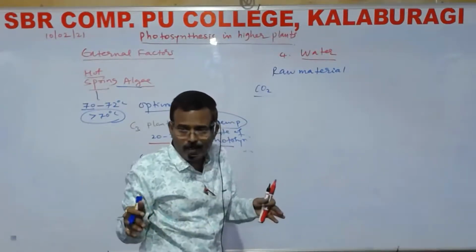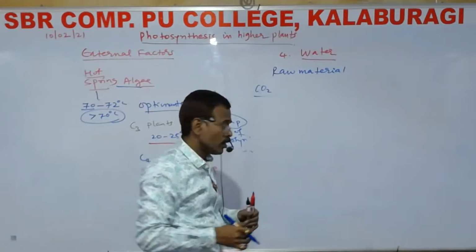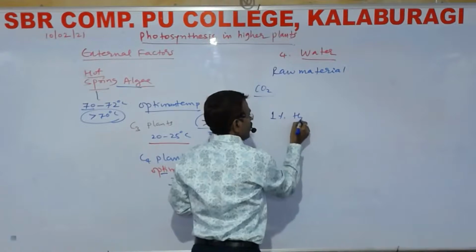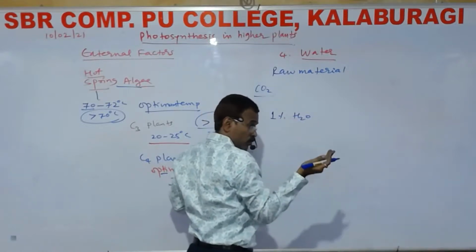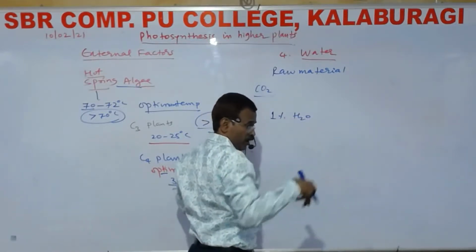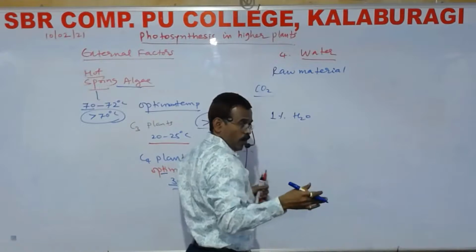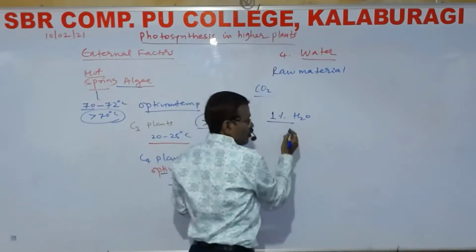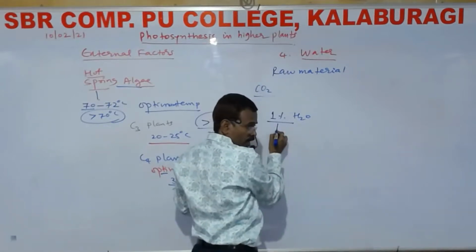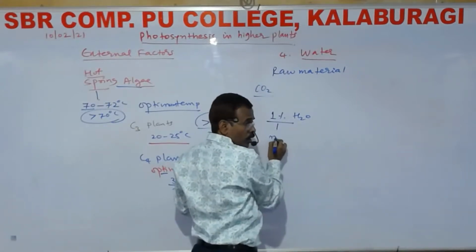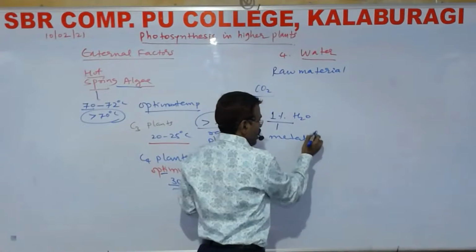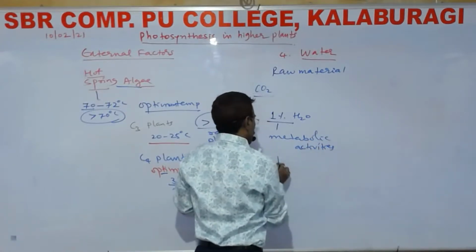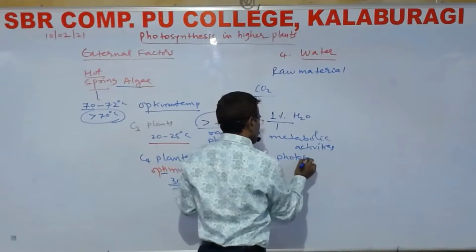because usually 1% of the water absorbed by the plant, whatever the amount of water being absorbed, 1% of the absorbed water will be used for metabolic activities like photosynthesis.